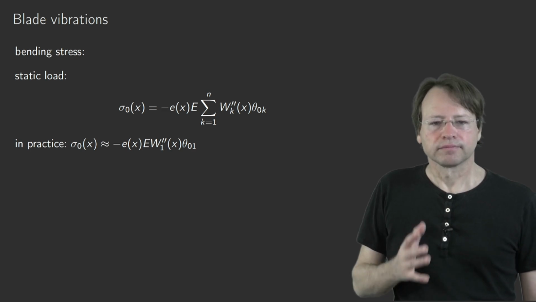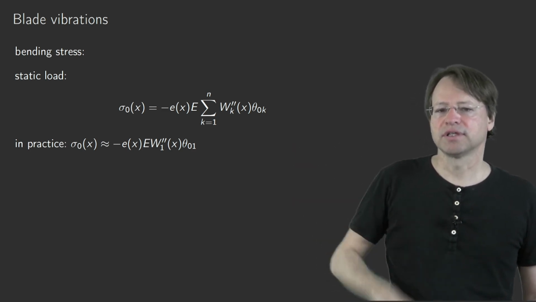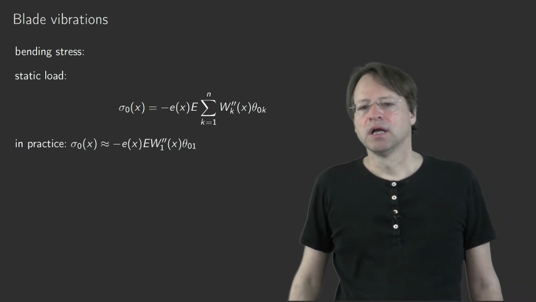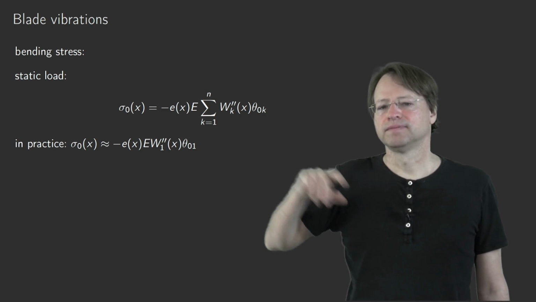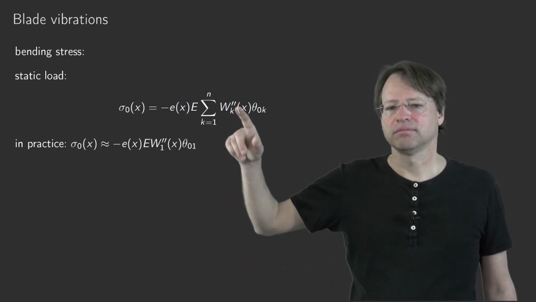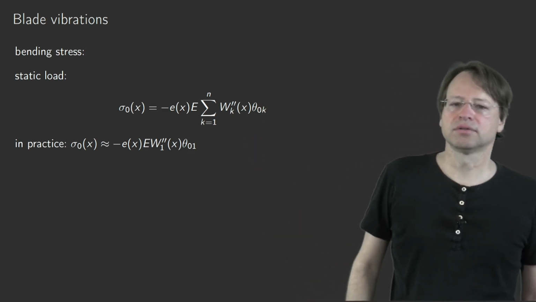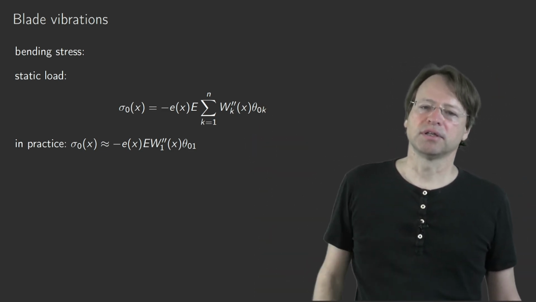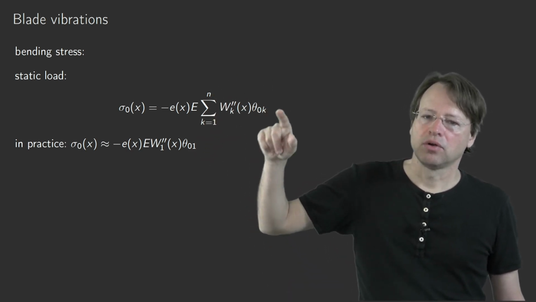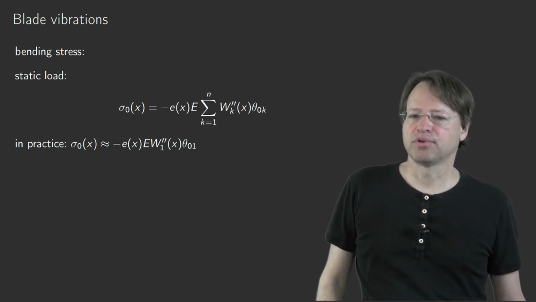As we want to design our blade, we have to compute the stresses and then do a fatigue analysis. Well, for the static load, the bending stress is given by just taking theta_0k into account. So no time dependence here, but in that formulation, all the modes running from 1 to n would be present.